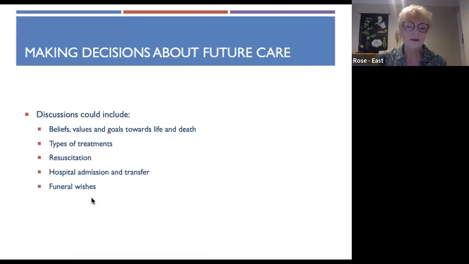So, making decisions about future care, discussions should definitely include beliefs, values and goals about life and death, what's important, how they see death. This is why it takes so long, and it's not a doctor's job. Of course, I agree that not many nurses have got the time to do this either.